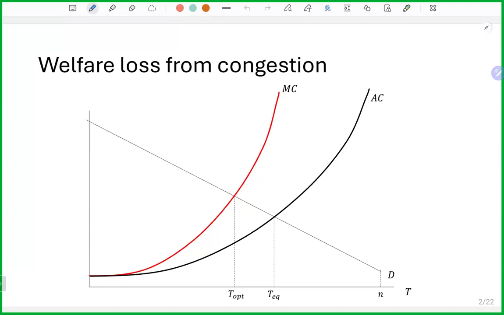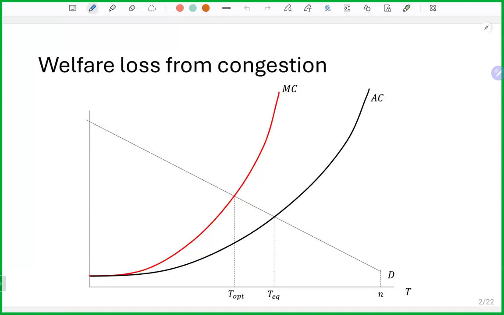That is minimized when it is at the social optimum, when that traffic volume is determined at the intersection of the marginal cost and the demand curve. But what is the problem? The problem is that at equilibrium, this grand total cost is not minimized.